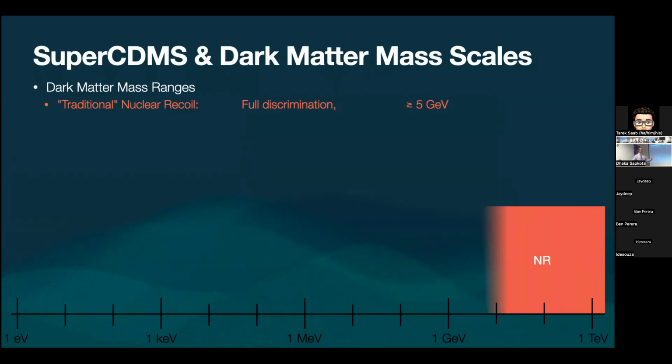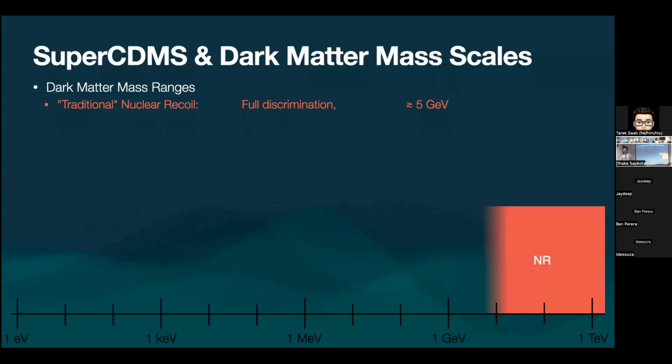But the upside of doing all this is it gives you access to dark matter candidates at a very large scale. Originally, the experiment, or the field as a whole, was designed to search for dark matter candidates on the order of GeV and above. And this NR means nuclear recoil. You're looking for models in which the dark matter particle is interacting primarily with the nucleus.